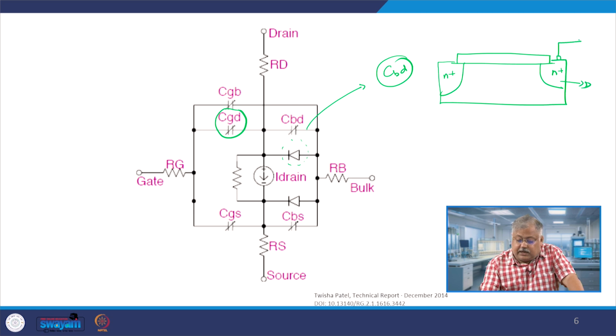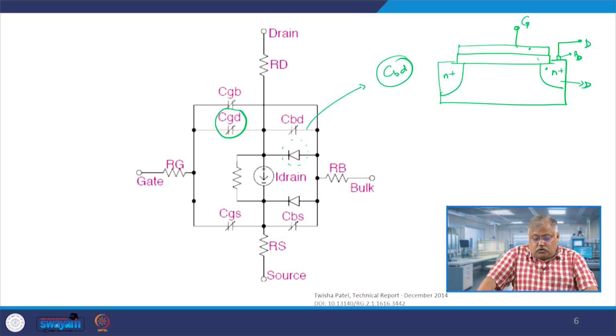This is my drain and this is the contact and this is your drain region, and this RD is basically the drain contact resistance which you get. Then since there is an overlap here and this is the metal gate here, gate to drain is basically from this point to the oxide layer.